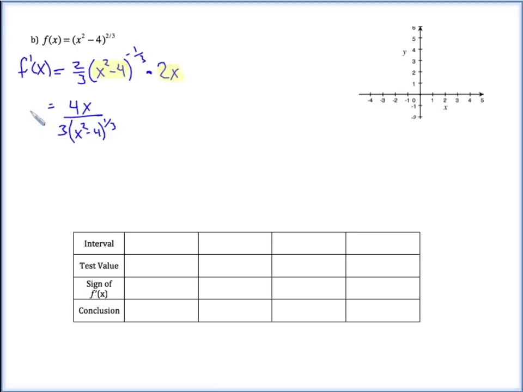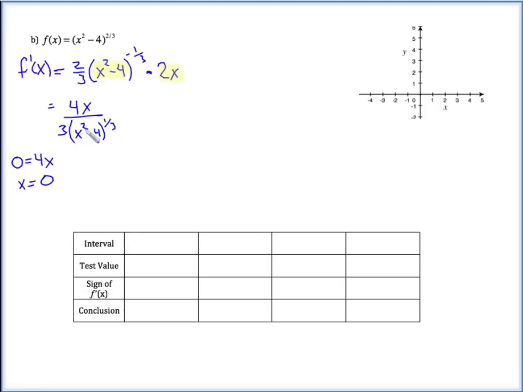Okay, so now we need to find where this equals 0 and where this does not exist. So remember, it's going to be 0 where the numerator equals 0, which is at x equals 0.